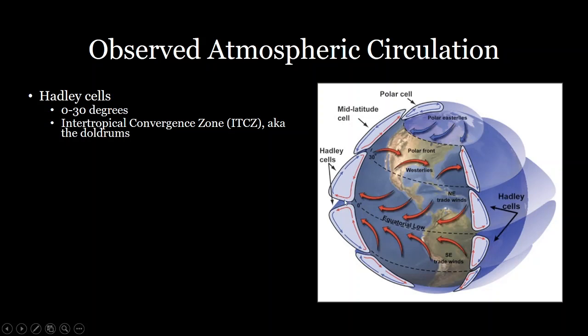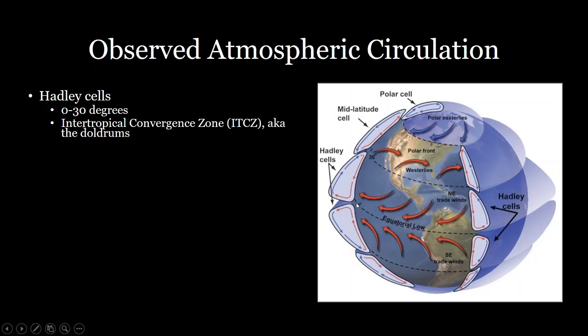That area of low pressure is an area that we call the ITCZ, the Intertropical Convergence Zone, because you have air that's converging at the equator. So you have air from the northern hemisphere moving towards the equator here, and the southern hemisphere here too.